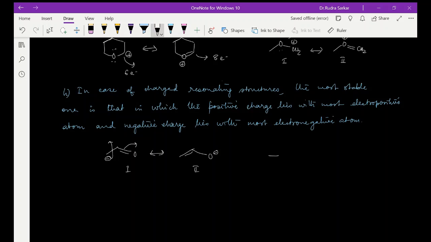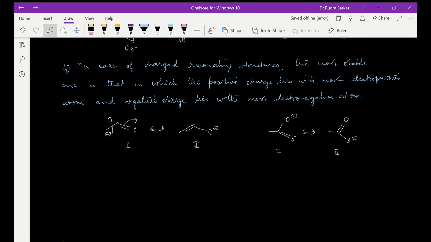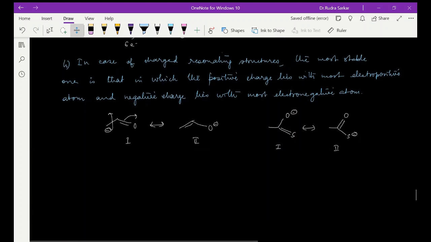Again, we can take another example in which oxygen being most electronegative, negative charge will reside with oxygen and it will be more stable than in which the negative charge is on the sulfur, which is the less electronegative atom.